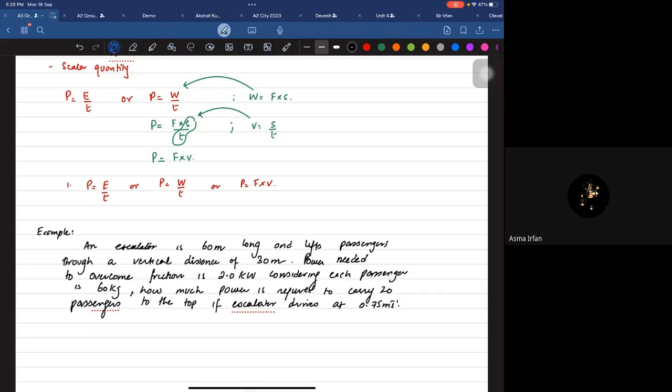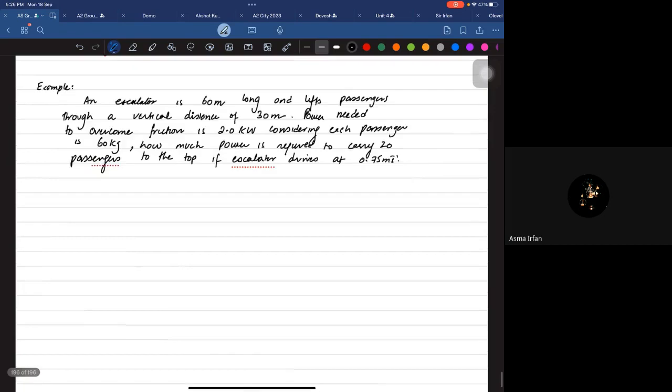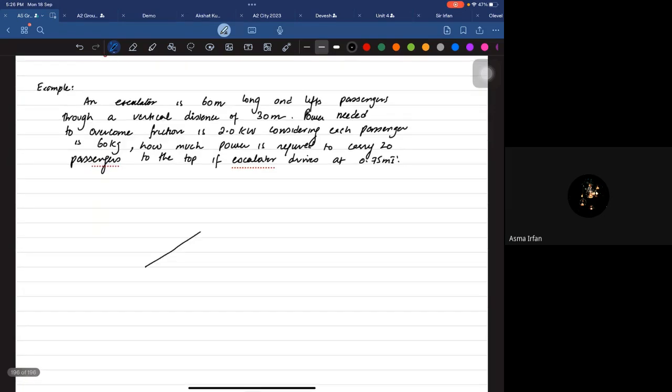Okay. Now, they have also given you a diagram like that. So the escalator looks like this.